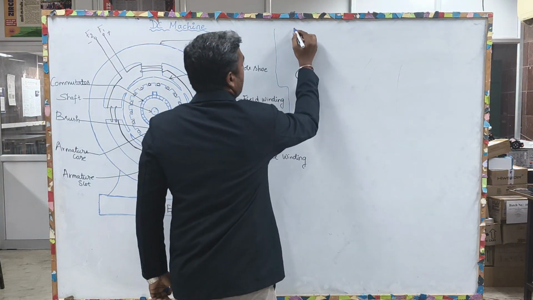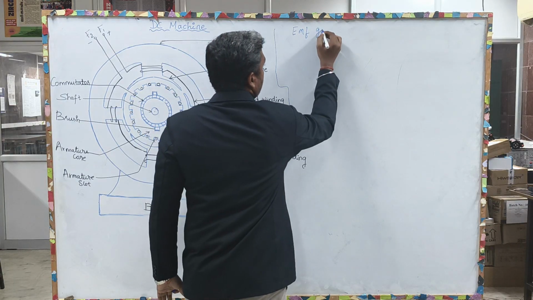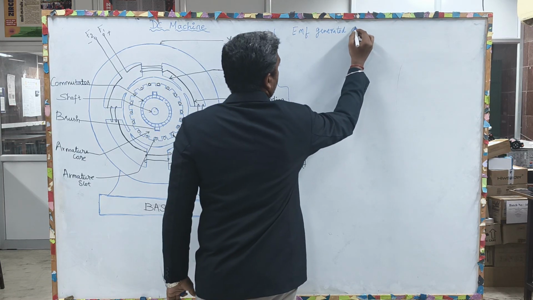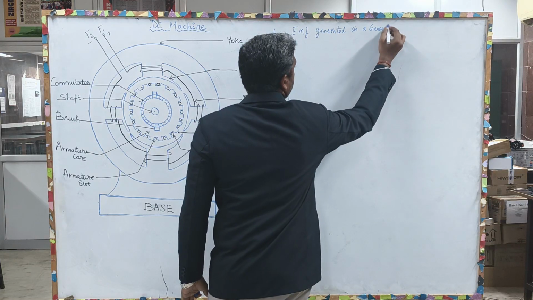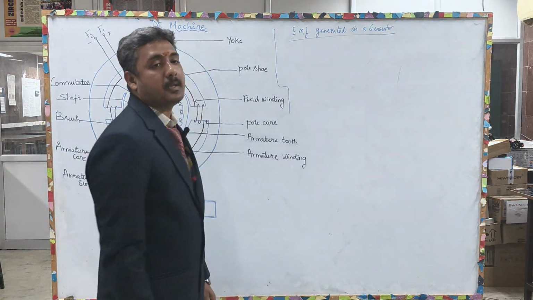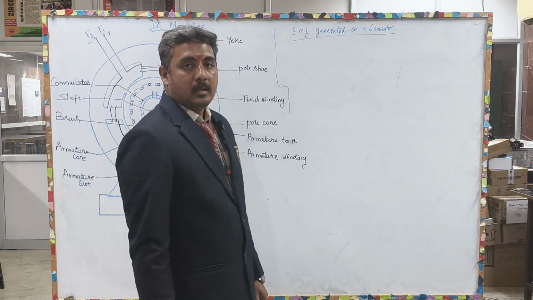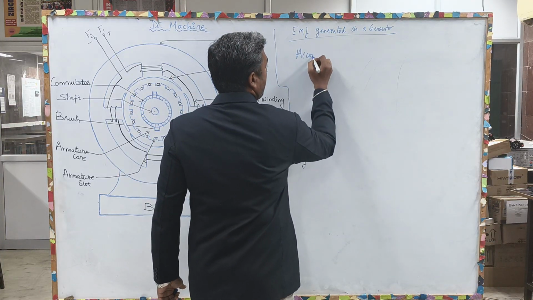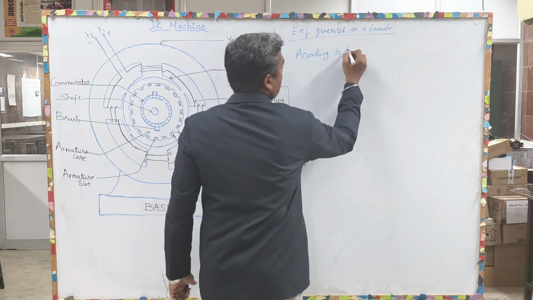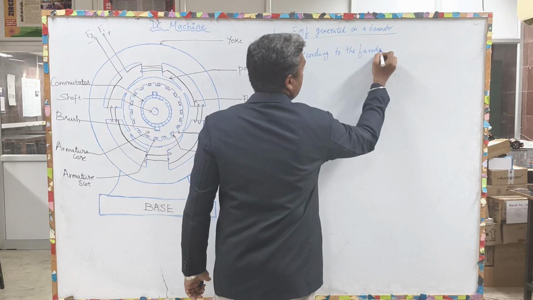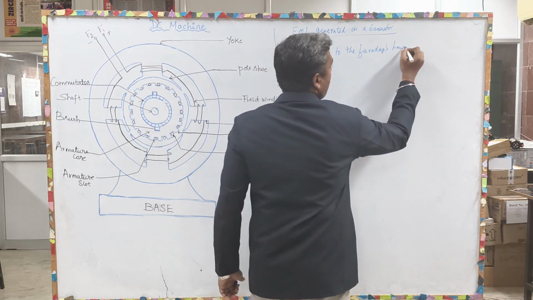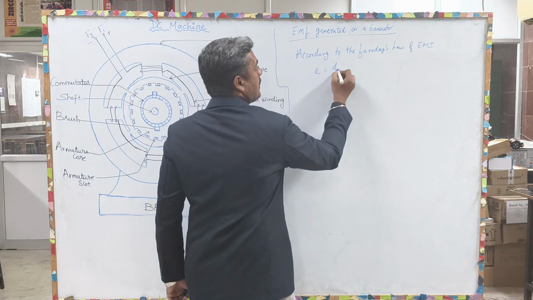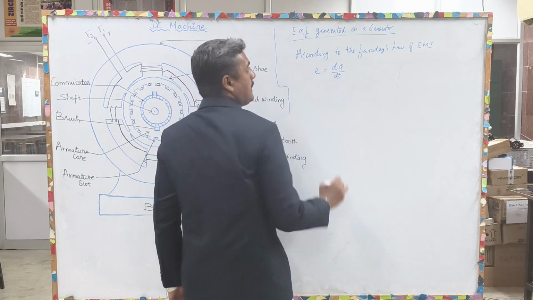EMF generated in a generator. See here, you all know that according to Faraday's law of electromagnetic induction, E is equal to d phi divided by dt.